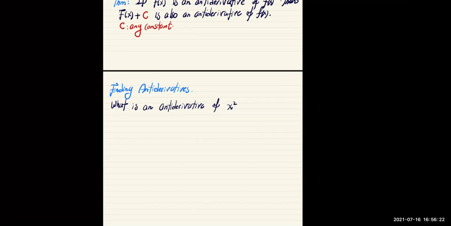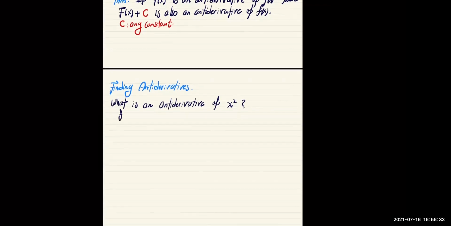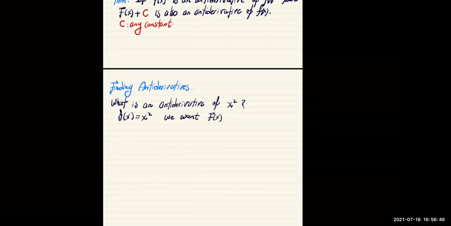This is what you ask yourself. The derivative of what gives us x squared? Okay, so here little f of x is equal to x squared. We want capital F of x. We want this capital F such that if I differentiate capital F of x, I get x squared.